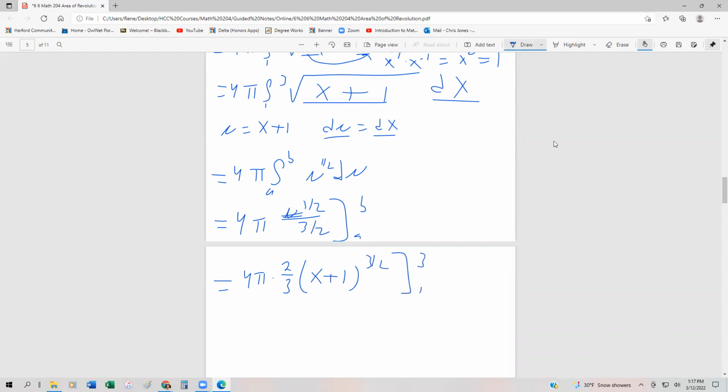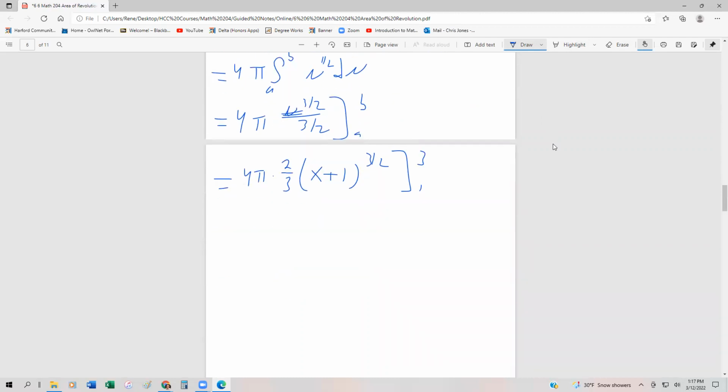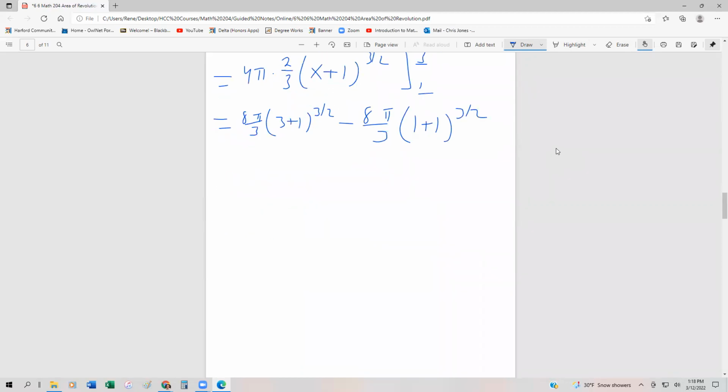All right, now simplifying this might be a little bit ugly, but not too bad. We're going to substitute 3, we're going to substitute 1. So we're going to get 8 pi over 3, 3 plus 1 to the 3/2, minus 8 pi over 3, 1 plus 1 to the 3/2 power. We know 3 plus 1 is 4. 4 to the 3/2 is going to be 8.